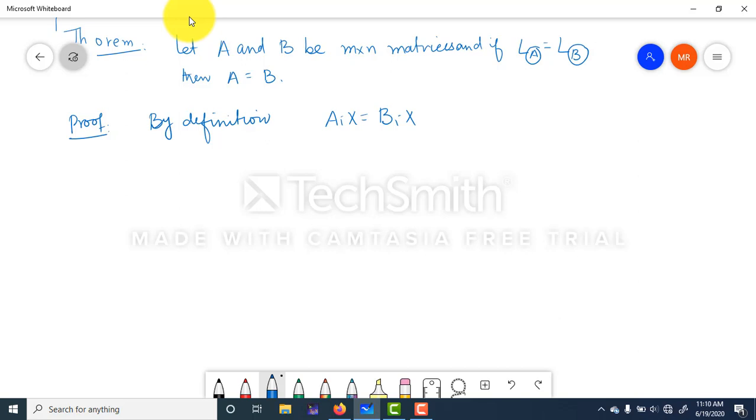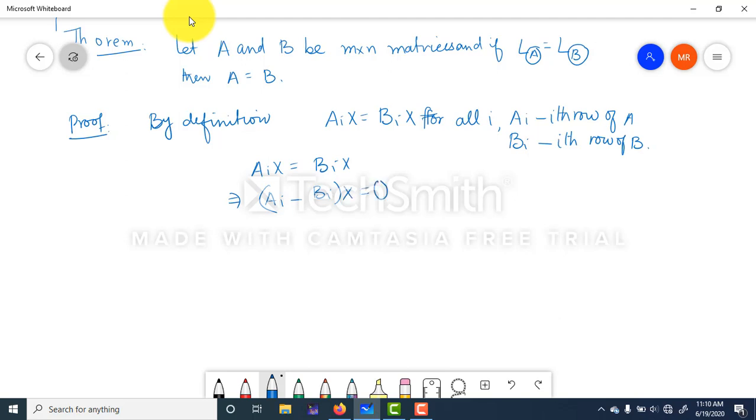So this is true for all i, where Ai is the ith row of A and Bi is the ith row of B. And hence, since AiX is equal to BiX, this would imply that (Ai minus Bi) times X is equal to the null vector.